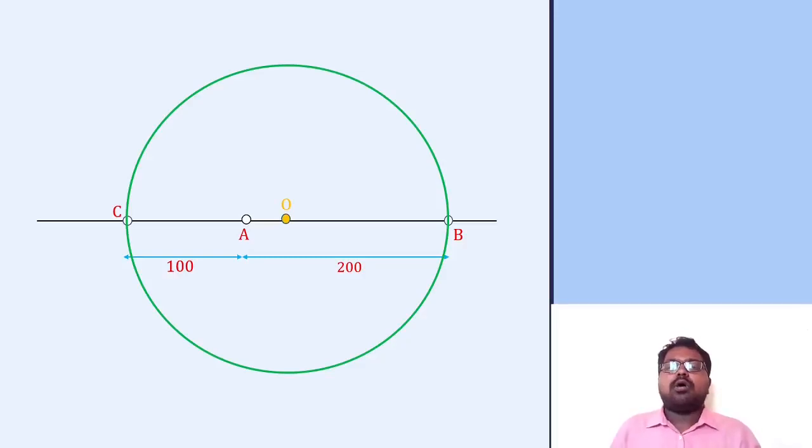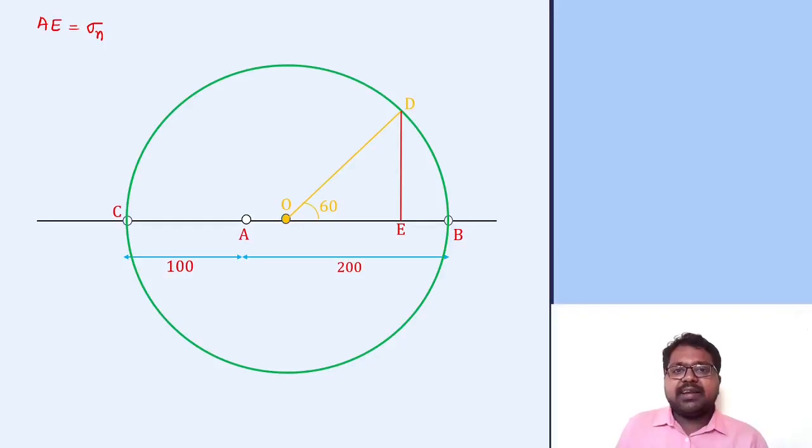From O, taking OB as the horizontal line, I draw a line at 60 degrees to it, which meets the circle at point D. Now I drop a perpendicular from D to the line CAB, meeting it at E. The length AE is the normal stress on the oblique plane, and DE is the shear stress on the oblique plane.